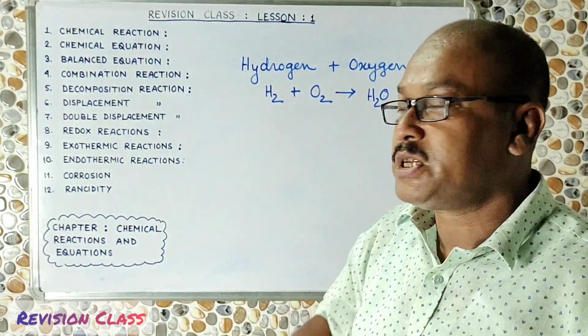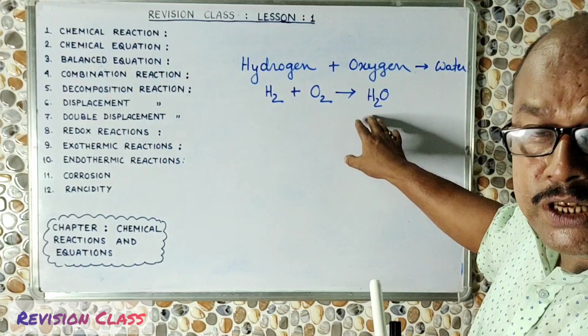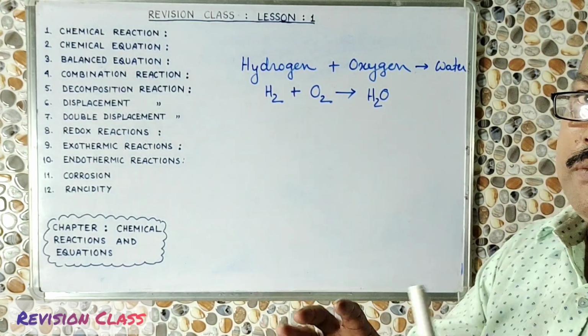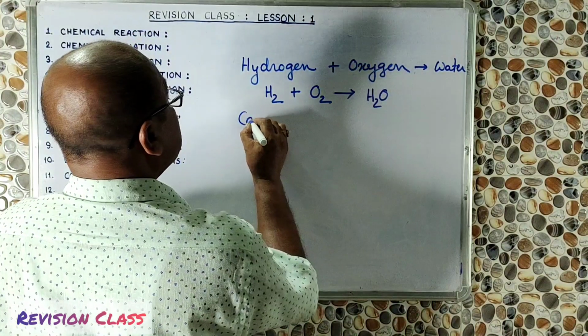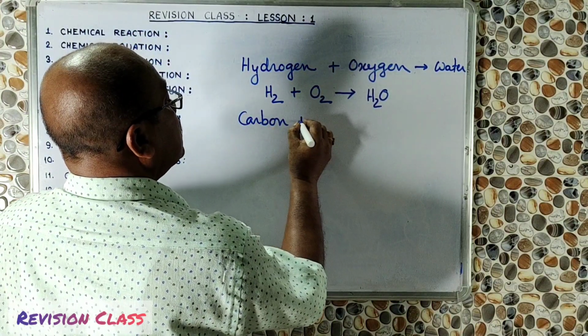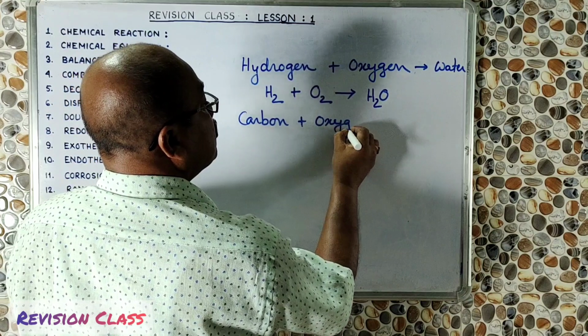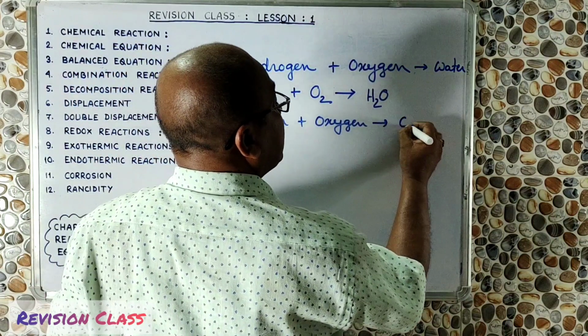Remember, in a chemical equation, in this particular example we are using formulas, but sometimes a symbol is also used. For example, carbon is combining with oxygen and producing carbon dioxide.